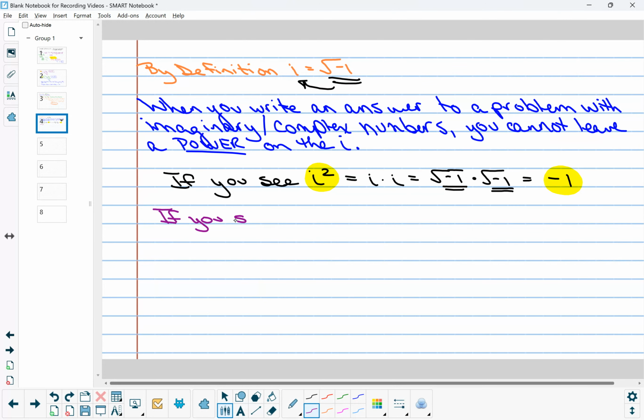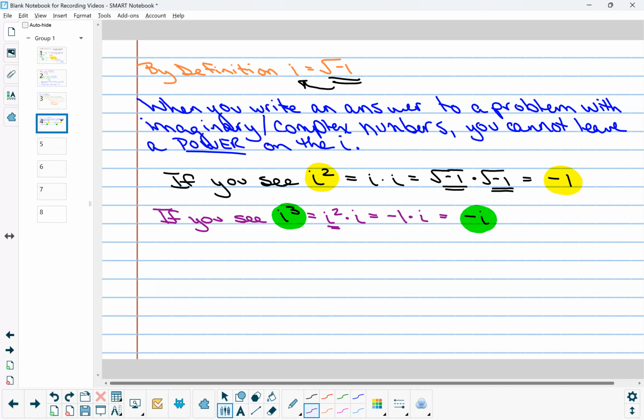If you see an i cubed, that's equal to i squared times i. Well, we know that i squared is equal to a -1 times an i is equal to a -i. Okay, so if you see an i to the third power, you're going to replace it with a -i.